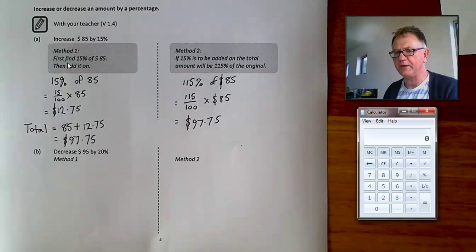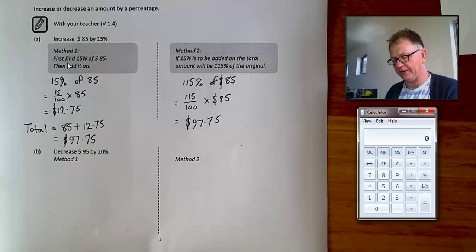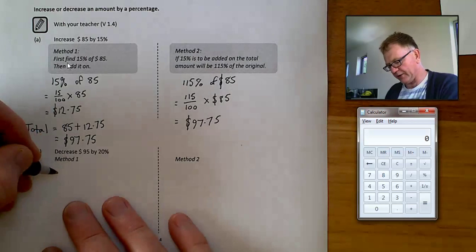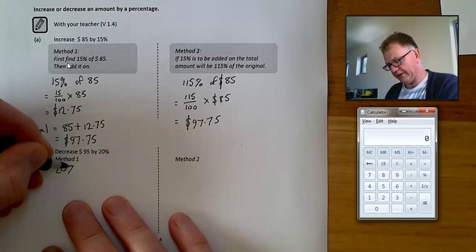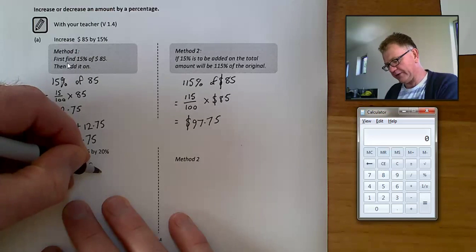The same two methods can be used when you're decreasing an amount by a percentage. If I want to decrease $95 by 20%, the first thing I'm going to do is work out what 20% of $95 is.